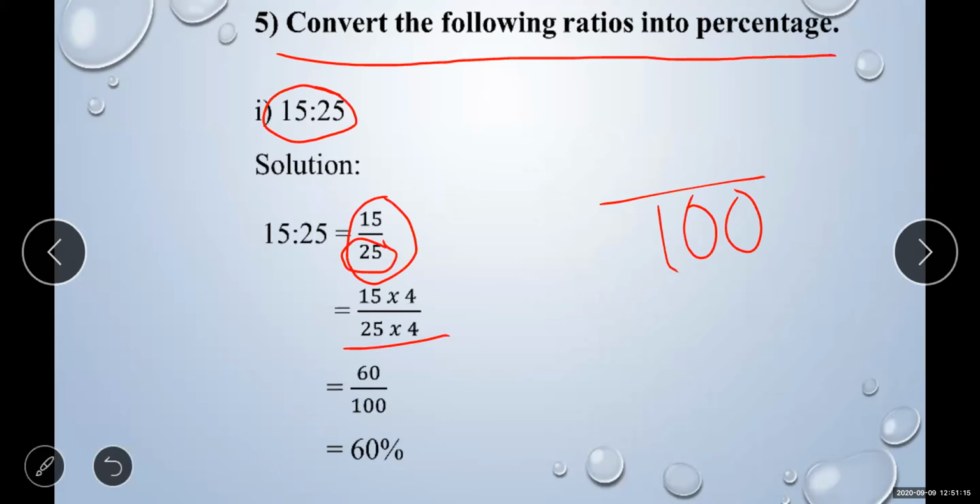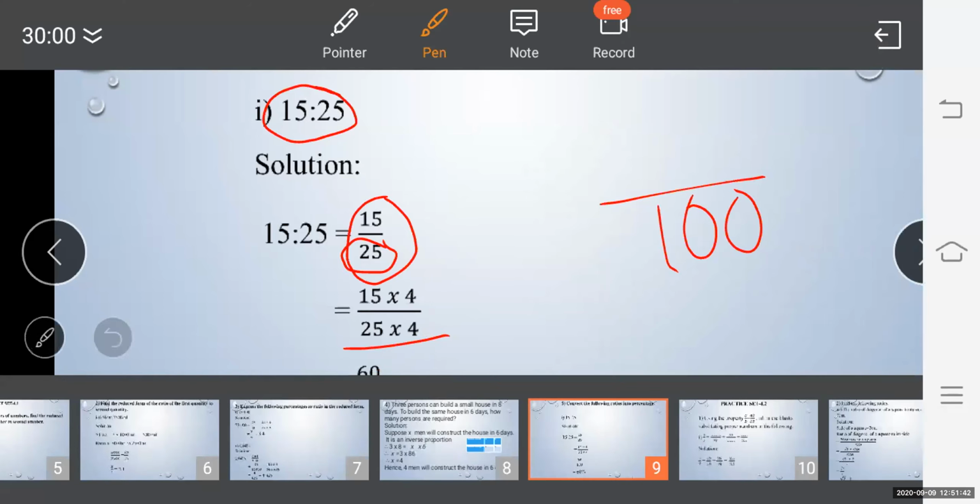When we multiply by 4. If we multiply the denominator by 4, we have to multiply the numerator also, because we can't change the ratio. So 25 into 4 is 100 and 15 into 4 is 60. So 60 upon 100 means 60%.